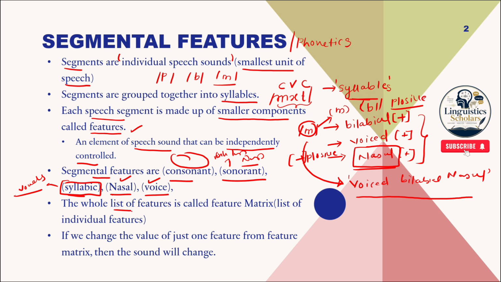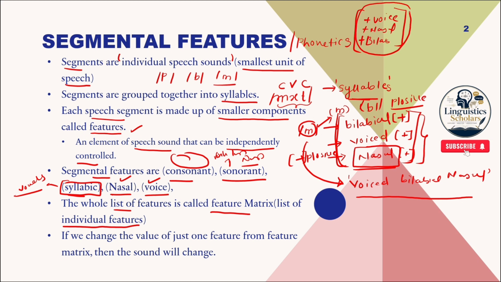The whole list of features is called a feature matrix, which is simply a list of individual features. As you can see, we have made a list here for the ma sound, and if you keep it in square brackets, plus voice, plus nasal, plus bilabial, this becomes the feature matrix for the sound m.